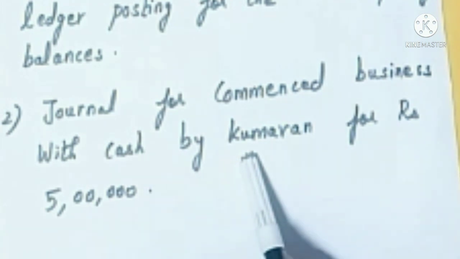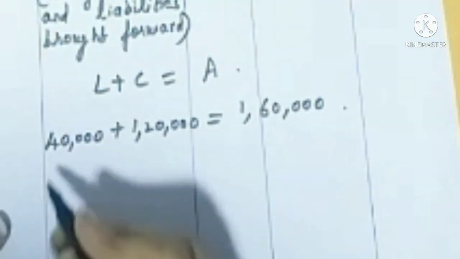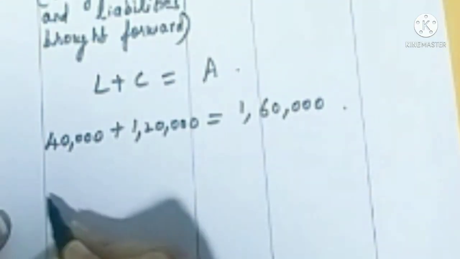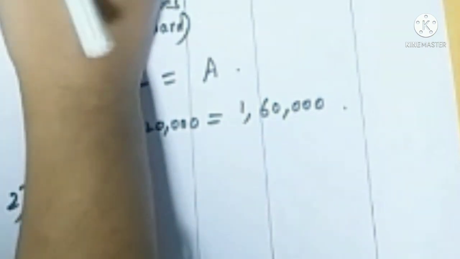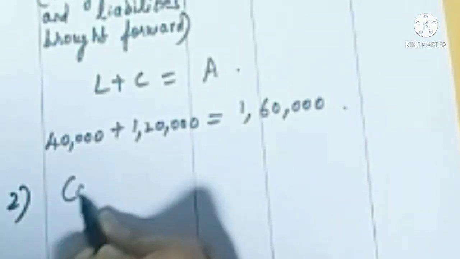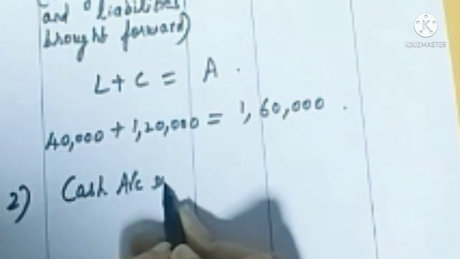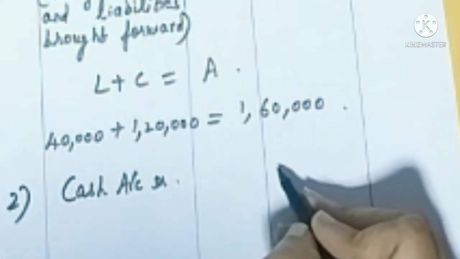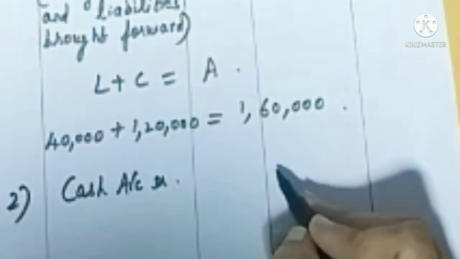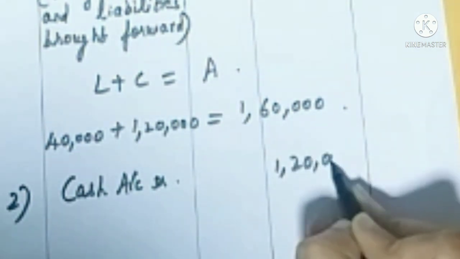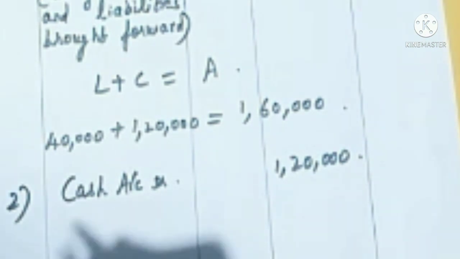Okay, now let's pass the journal entry. Entry is cash account debtor, amount is 1,20,000 rupees, to Kumaran's capital account, 1,20,000.